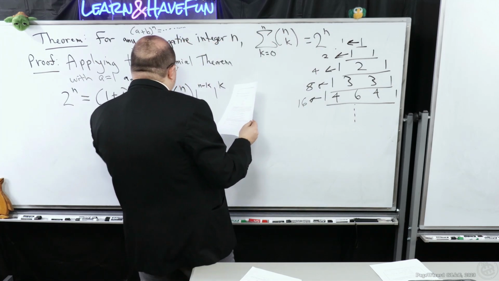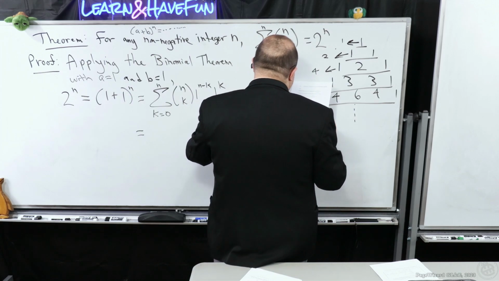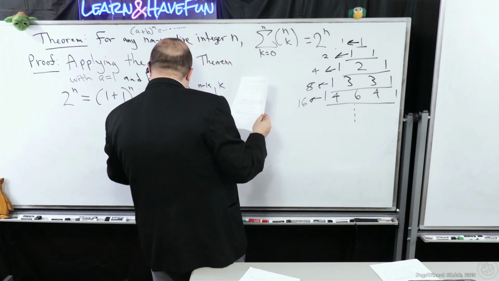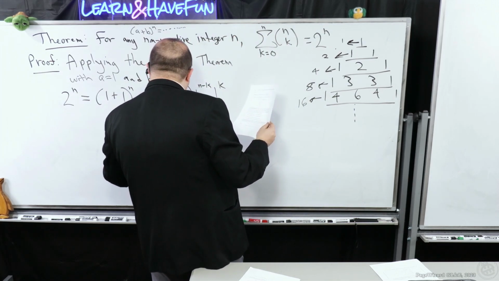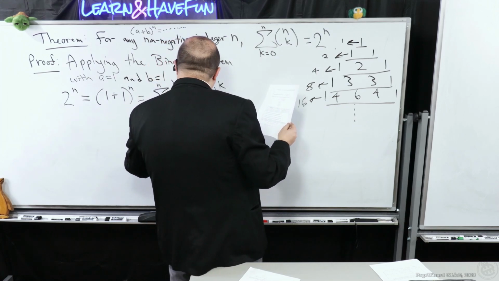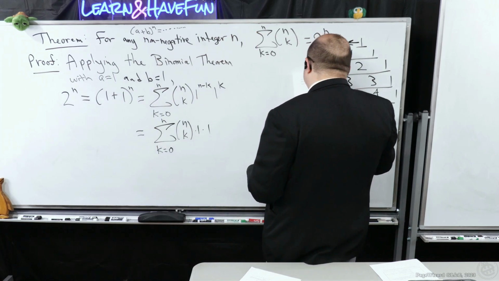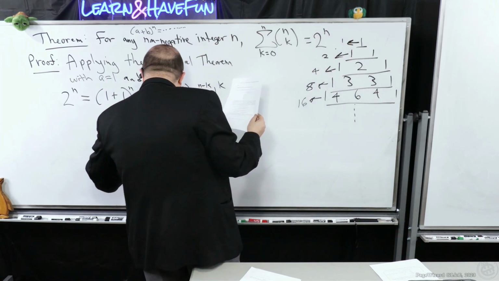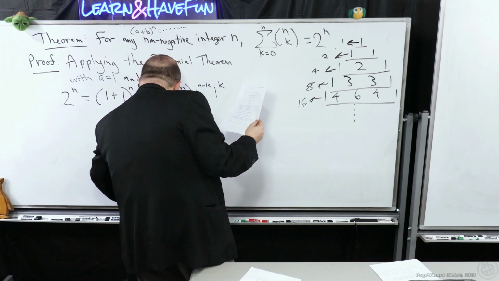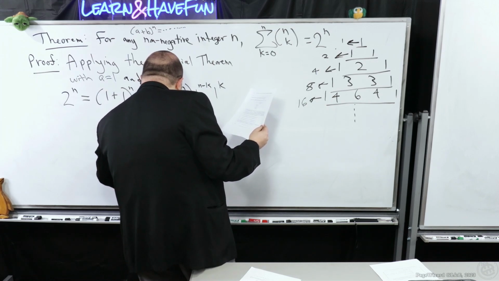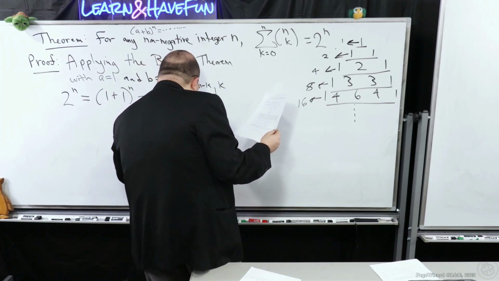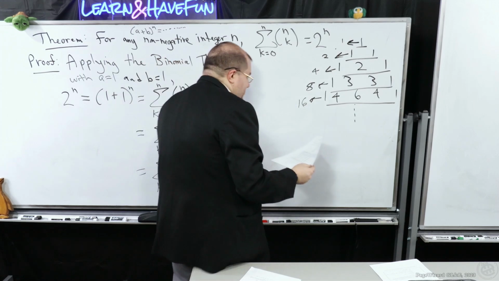Then this is just 1 always, so it's just times 1 times 1. But then this is all just the sum from k equals 0 to n of n choose k. And that's it. That's the proof.